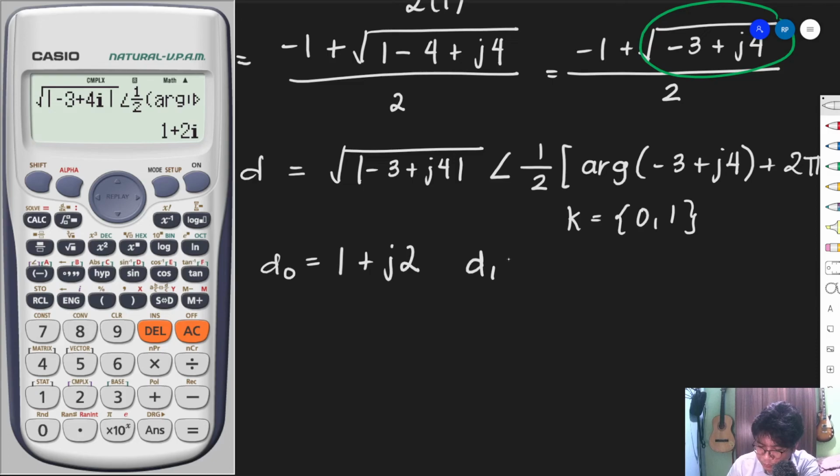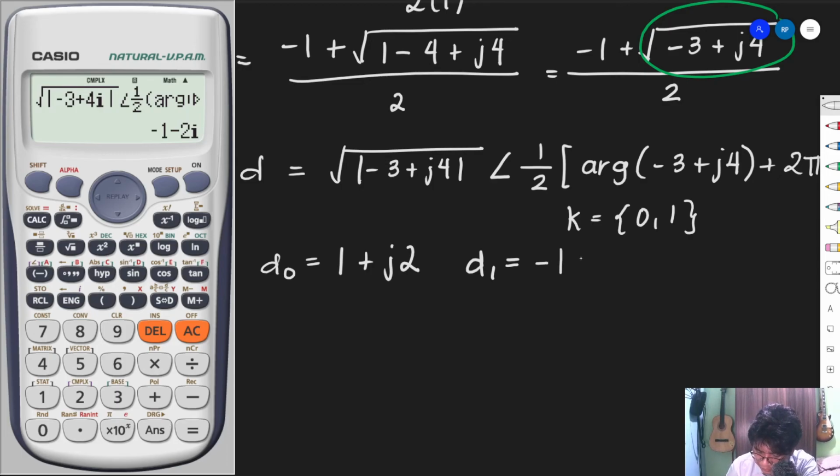For d sub 1, since meron pa tayong natitira, pwede kong i-store to para mas mabilis. Store ko sa A. Okay, next. Balik tayo dun sa tinype natin kanina. We have calc 1. Nabaligtad lang yung sign.